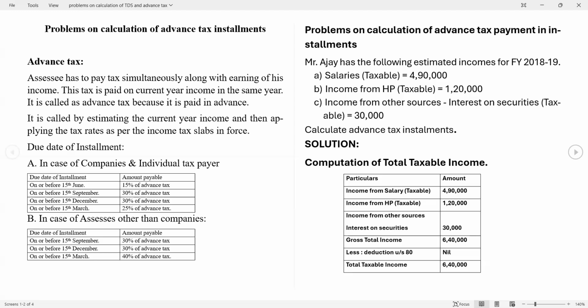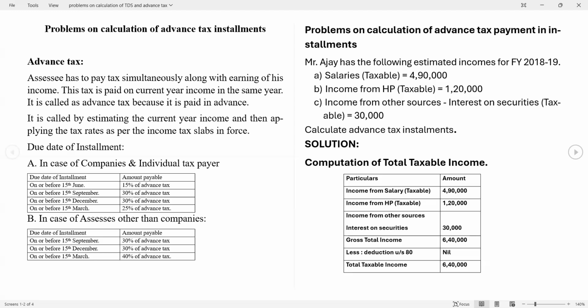It comes to 28,000. Totally put together, 40,500. Surcharge is nil, since total taxable income has not crossed 1 crore. Education cess at 4% gives 1,620. Total tax liability comes to 42,120. On this 42,120, we have to make the payment in 4 quarterly installments.